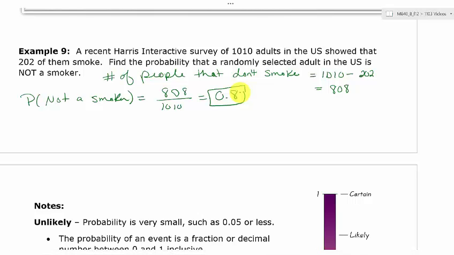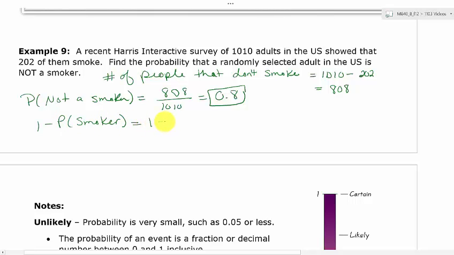You could compute this probability in a different way, knowing that there are only two types of people in this case: people who do smoke and people who do not smoke. That includes everybody, so the probability that you would be either a smoker or a non-smoker is 1. So we can compute the probability of not being a smoker as 1 minus the probability of being a smoker.